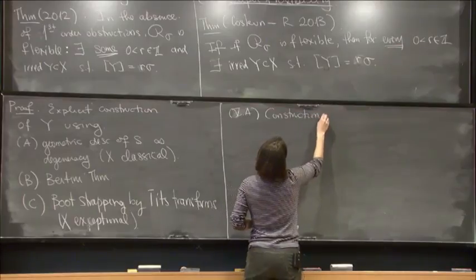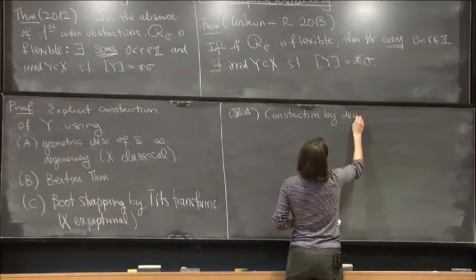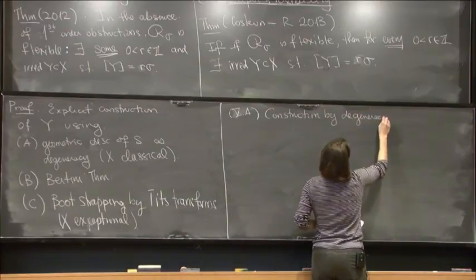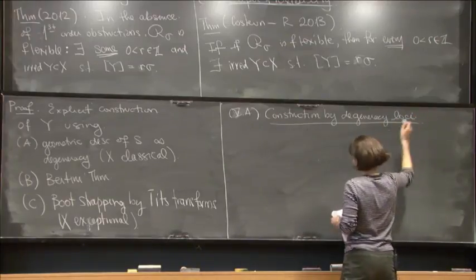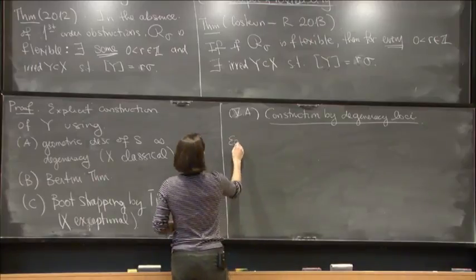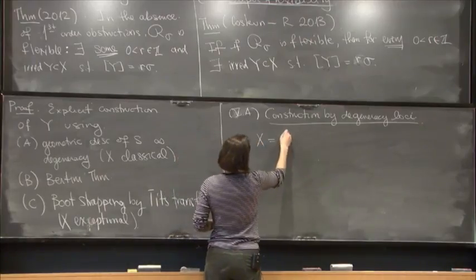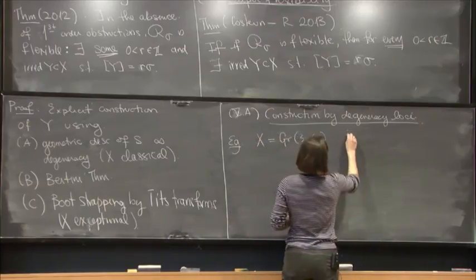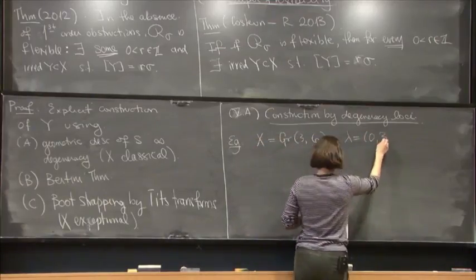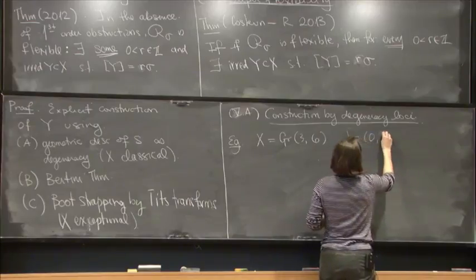So this is the construction by degeneracy loci. And I'll just illustrate by example. So let's take X to be the Grassmannian of 3 planes in 6 space, and lambda to be the sequence 0, 2, 3.